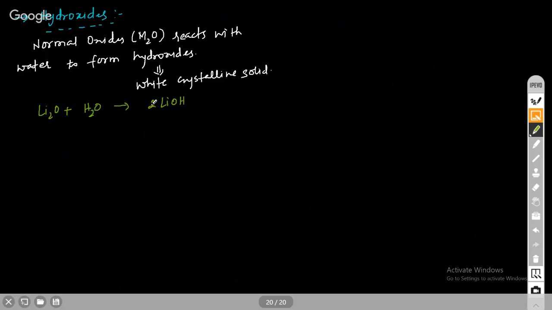This kind of hydroxide we get. Now this dissolves in water with evolution of heat, exothermic.